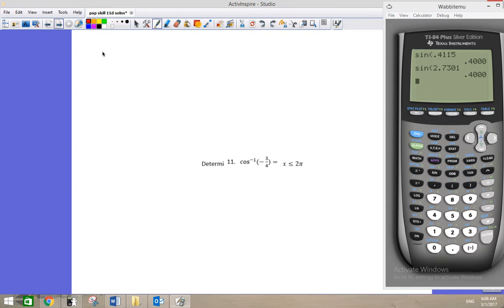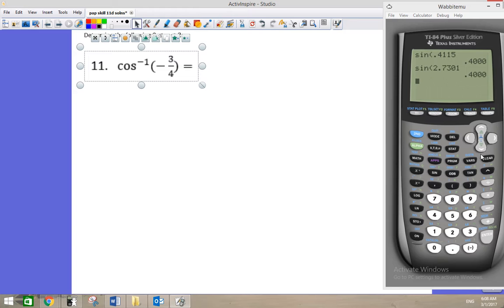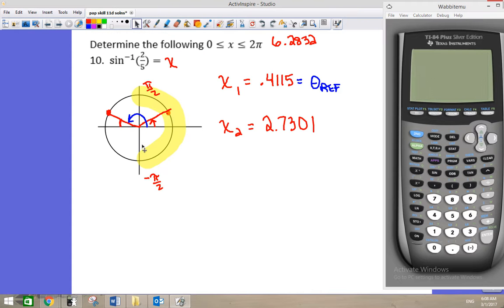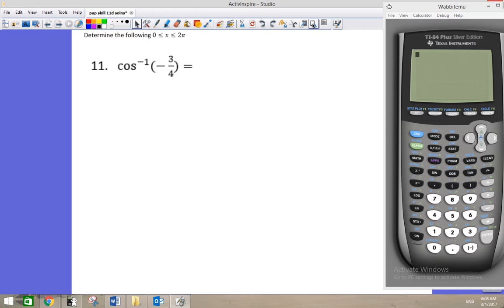Alright, so let's move on. Again, we're going to look at solutions between 0 and 2 pi. So with cosine, let's go into a little bit more detail. Here cosine is negative.